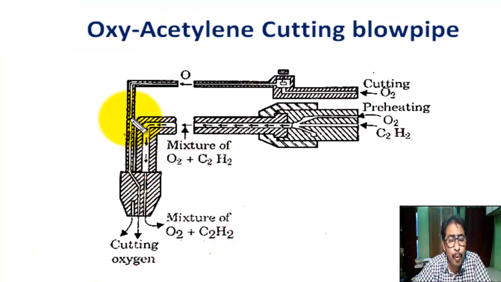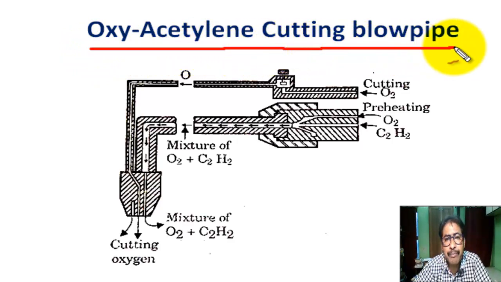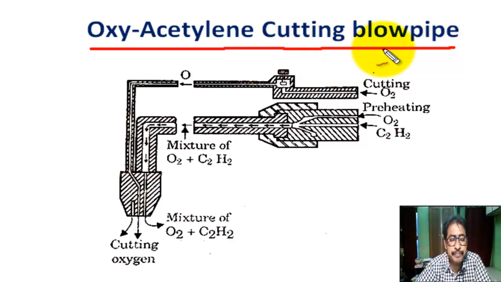Now, what is the speciality of the oxy-acetylene cutting blowpipe or cutting torch? Here, a special torch or cutting blowpipe is necessary.